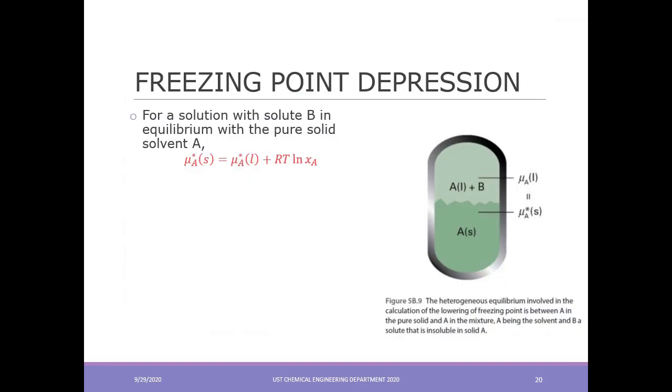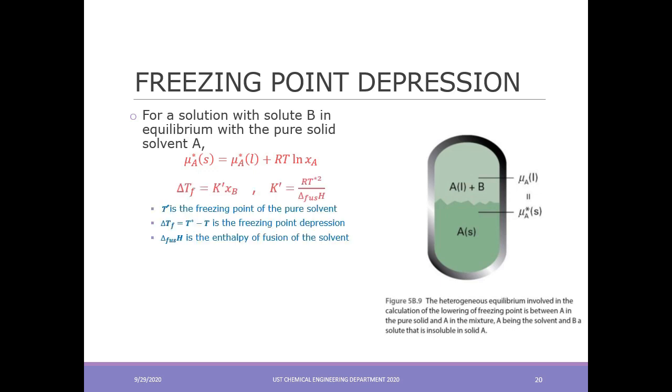For freezing point determination, we focus our interest on the solid-liquid equilibrium of solvent A. Using the same analogy we used for boiling point elevation, we get the change in freezing point, or the freezing point depression. Delta TF is equal to K prime XB, where K prime is equal to R T star squared divided by the enthalpy of fusion.